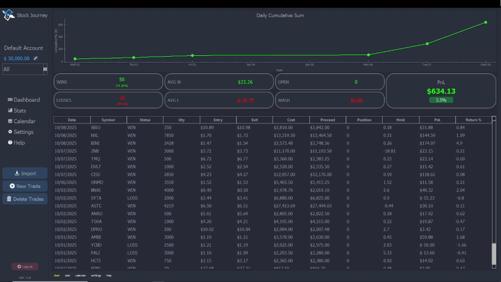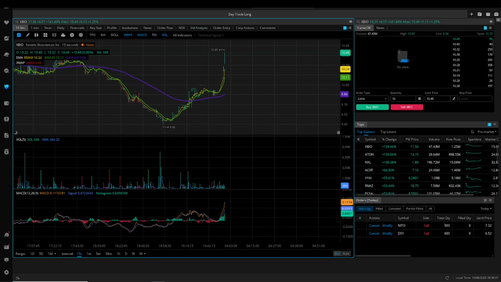So let me move this aside and I can show you exactly where I trade and what tickers I trade. The first one that I did today was, let's see, Expire, which is this stock.